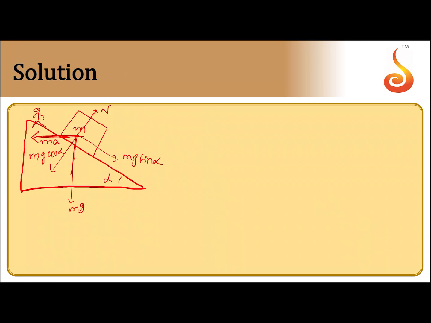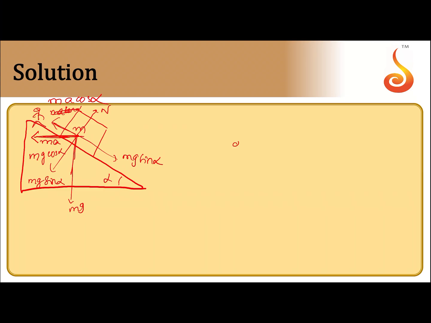So now we will resolve that ma also into components. If we resolve ma into components, what do we have? We have ma sin alpha, is that correct? Ma sin alpha along this direction, and this is ma cos alpha, rather, sorry for that mistake, ma cos alpha, and this is mg sin alpha.